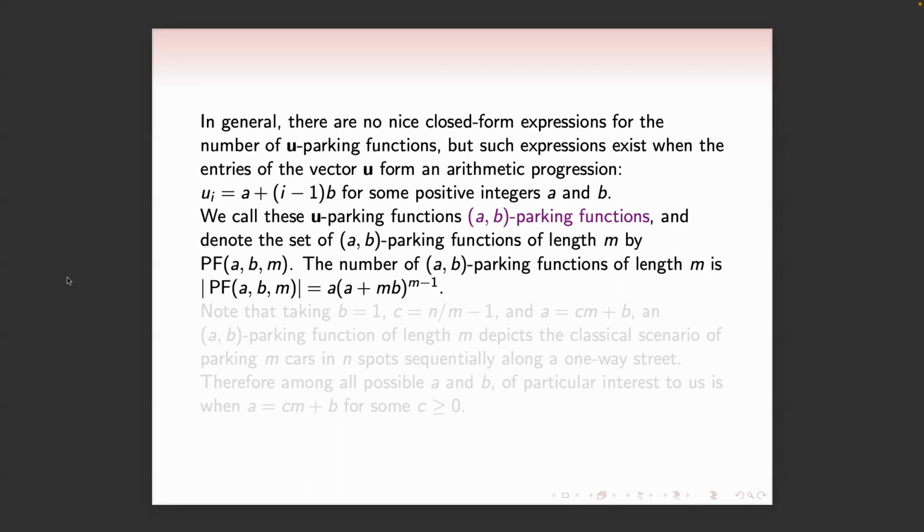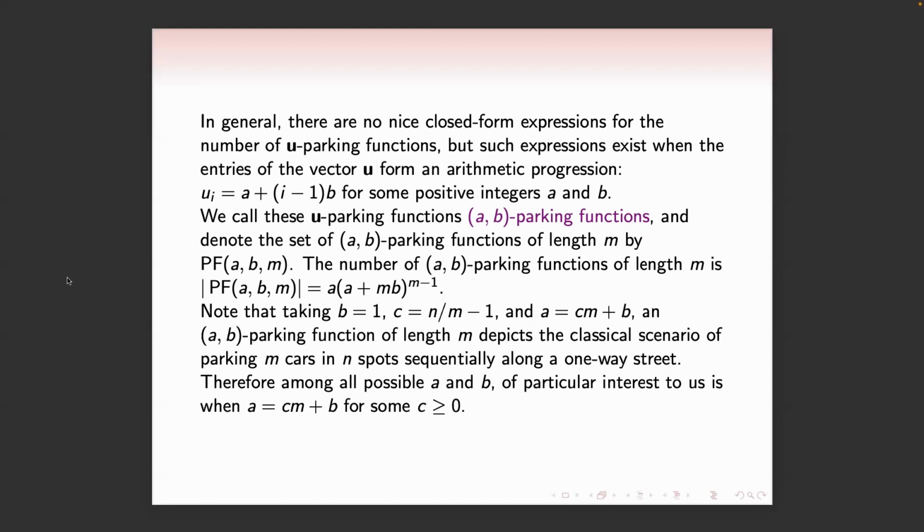And then the a,b parking function also generalizes the standard situation with n cars and spots, where a is equal to n minus n plus 1, and then b is equal to 1. So for this, we actually have a formula saying that the number of such parking functions is equal to a times a plus nb to the n minus 1.